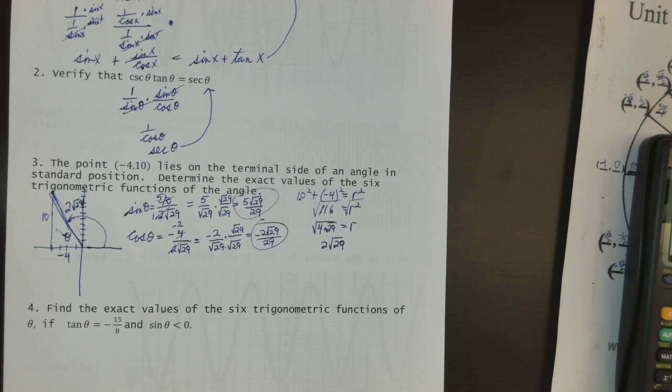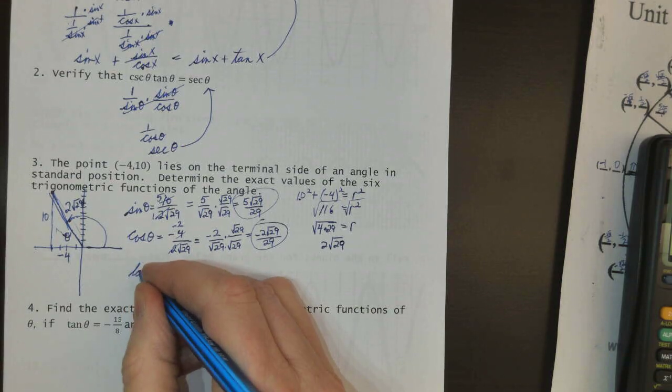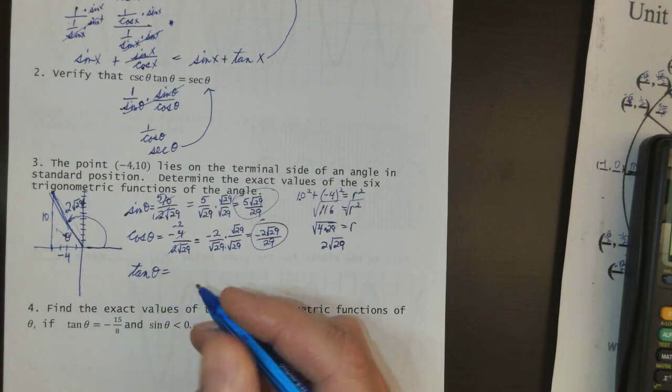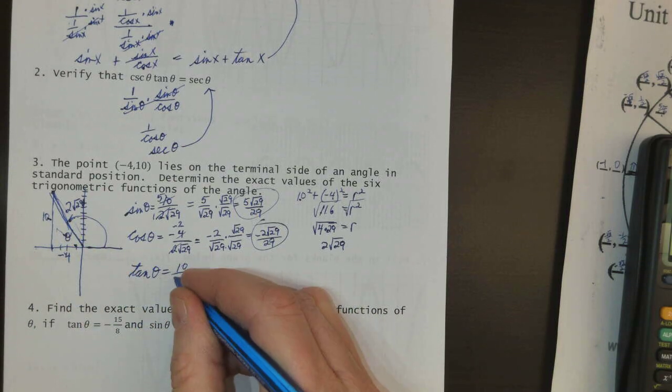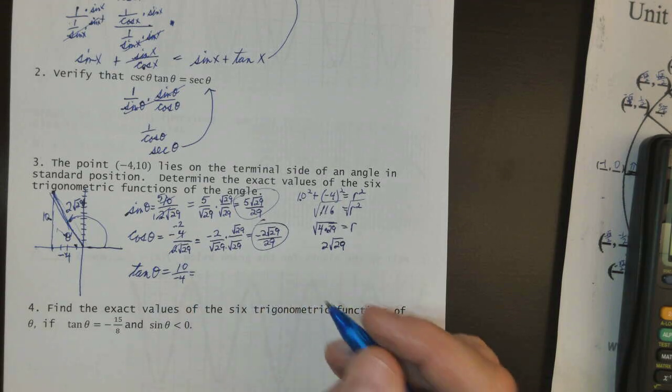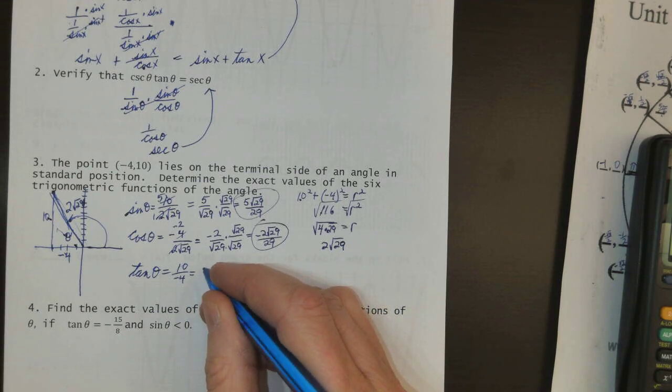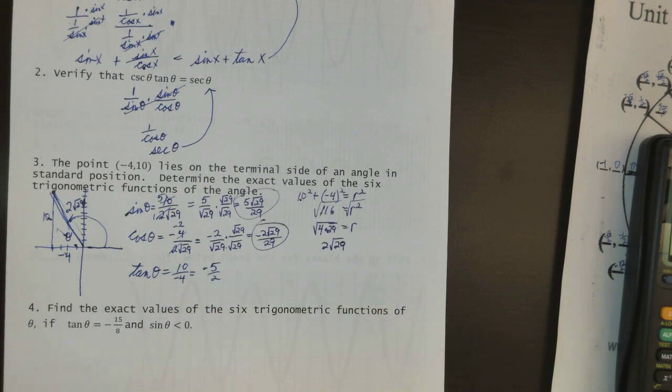I've got the cosine of theta now. Tangent of theta is the opposite over the adjacent, 10 over negative 4, which is negative 5/2 if I divide by 2.